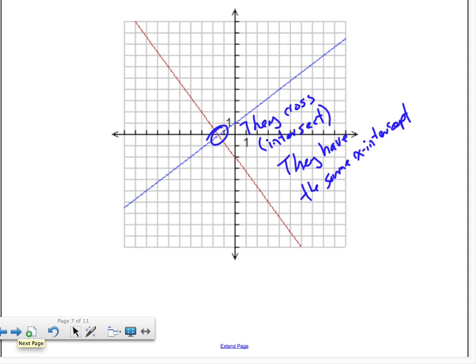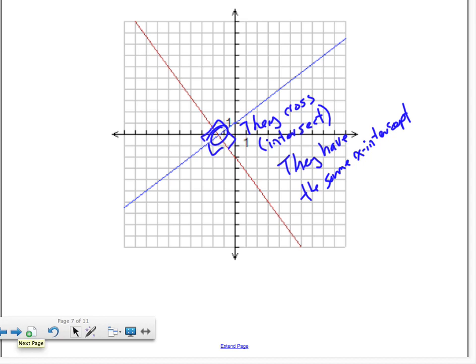Anything else? Aaron? Yeah, it's kind of hard to tell, but basically there's a right angle there. They meet at 90 degrees. So here's a right angle, that would be a right angle, that would be a right angle.